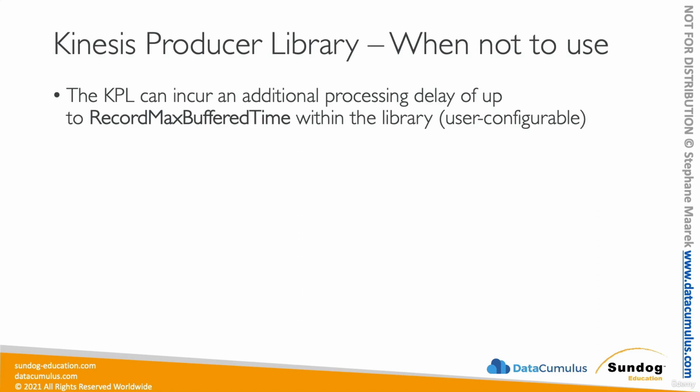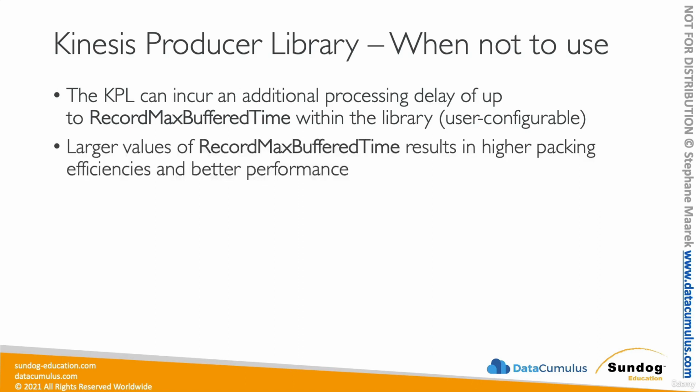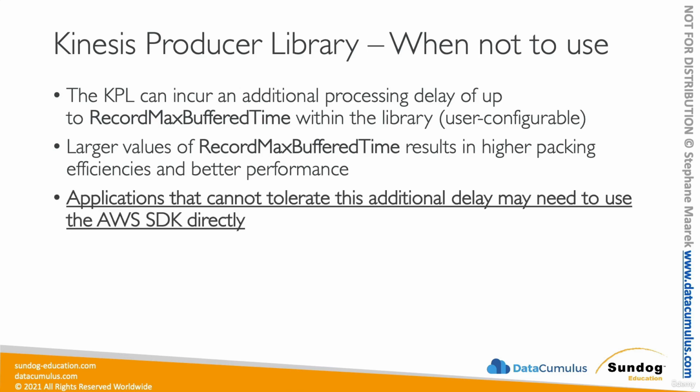And the idea is that the larger the value for that RecordMaxBufferedTime, the higher packing efficiencies and better performance you will have, because more records will be accumulated in that buffer and they will be sent as one larger record, which will be more efficient, potentially compressed, and so on. But if you have an application that cannot tolerate an additional delay, then you may need to use the AWS SDK directly. That means you want to send the data right away.